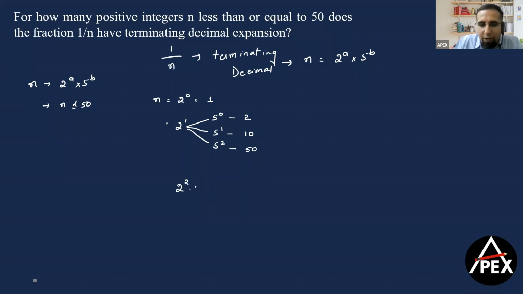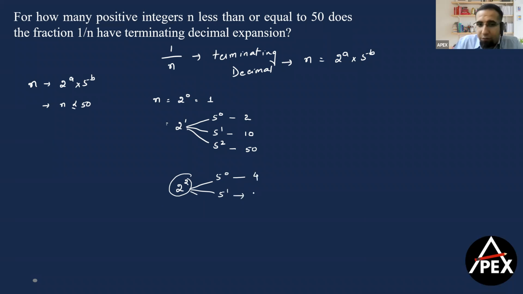Right? Now, can n take 2 square? Yes, n can take 2 square. Now, if I take 2 square, then I can again have into 5 to the power 0, into 5 to the power 1. Now, when I go with 5 square, that is 25, 25 into 4 becomes 100. 100 is not within our limits. We want the value of n to be less than or equal to 50. So 4 into 1, if the denominator is 4, it is a terminating decimal.